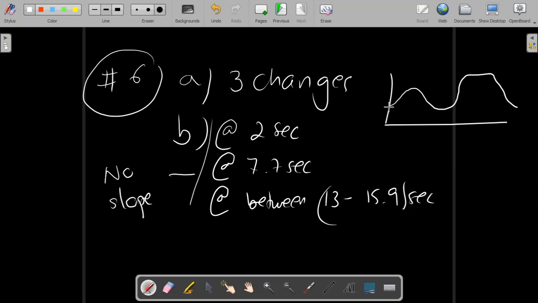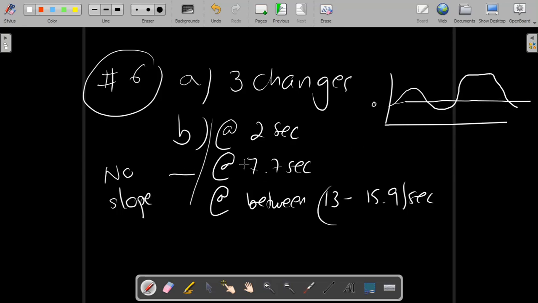The 0 is around here. So we said 3 changes. What the 3 changes mean is that you change direction by going up and down in your graph. You were going this way, and then plateauing here, that's 1 change. Then you went up again, that's 2 changes. Plateauing doesn't change anything, and going back down is the 3rd change.